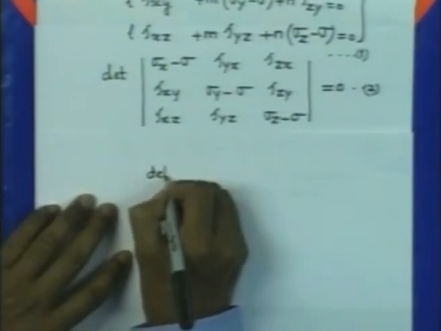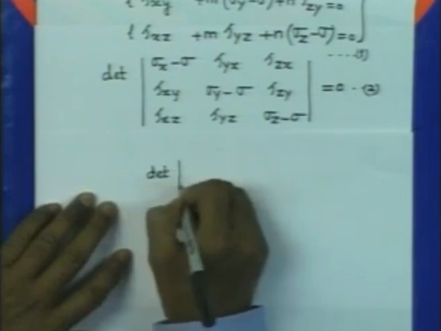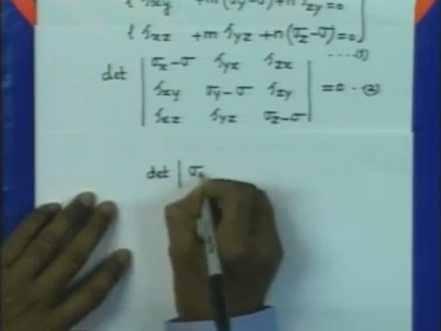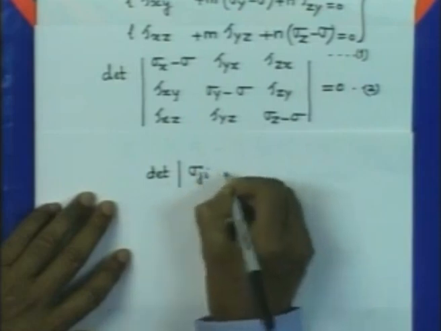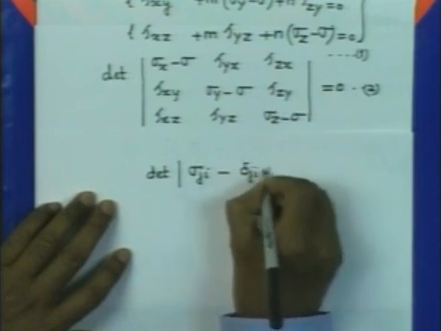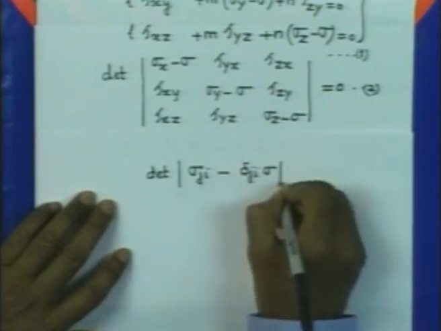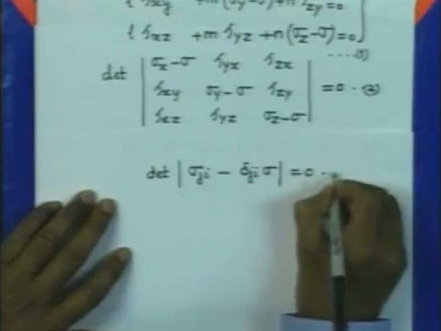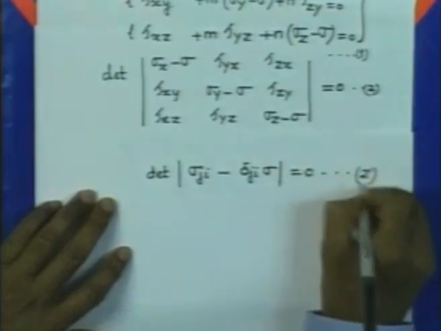Similarly, the equation number 2 is nothing but determinant sigma ji minus delta ji into sigma equal to 0. So, in a compact form we can write it.